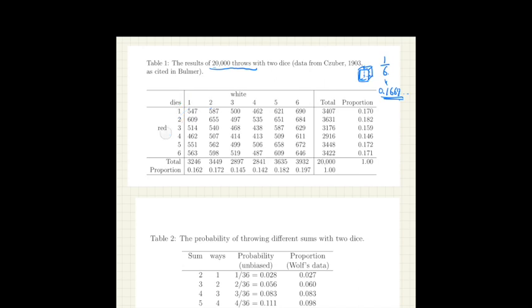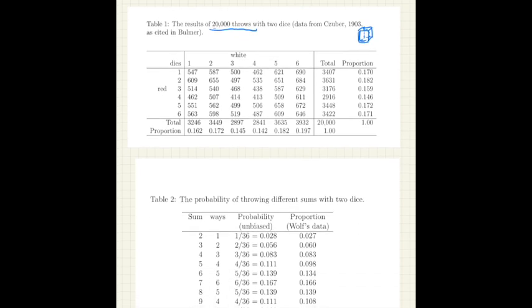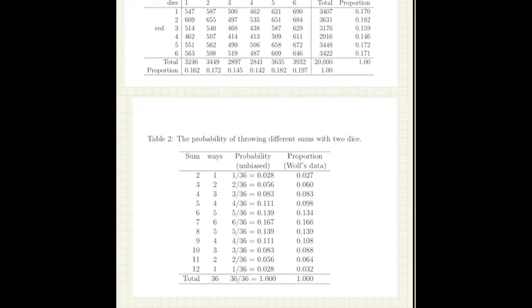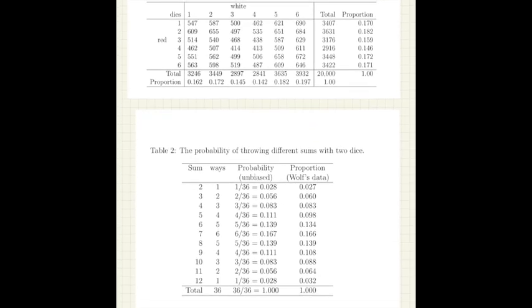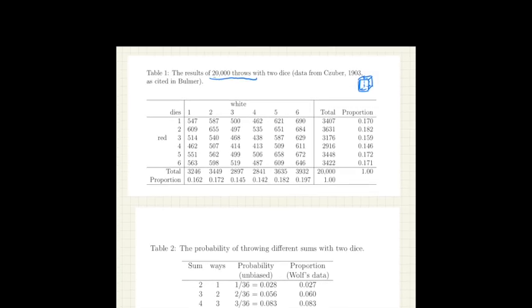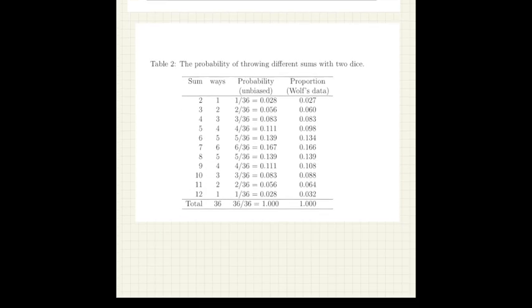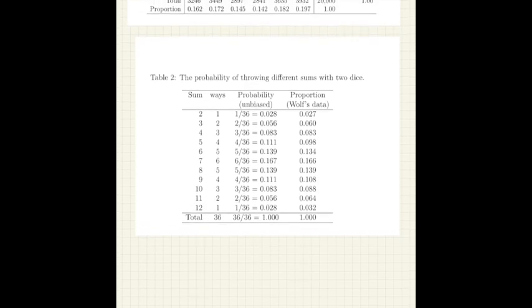Can you calculate the probability of the scores if the dice are not biased? That can be calculated by counting the ways to obtain the score. There are 11 possible scores: 2, 3, 4, 5, 6, 7, 8, 9, 10, 11, 12.